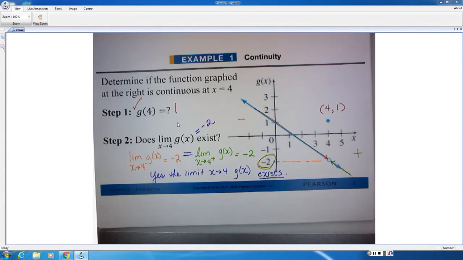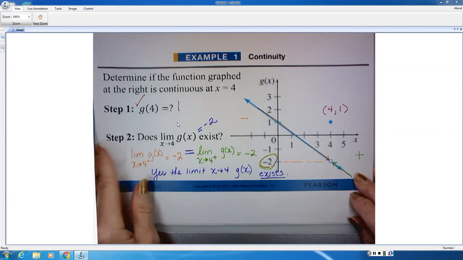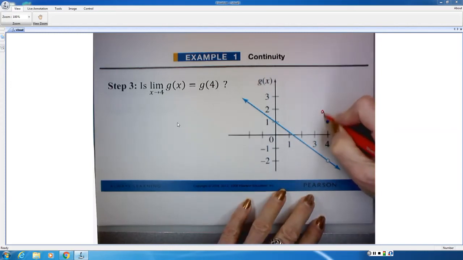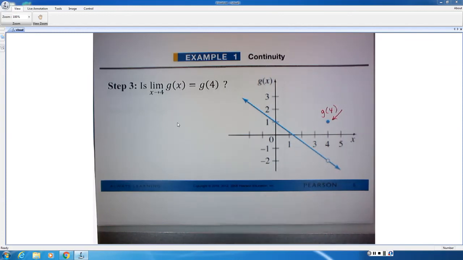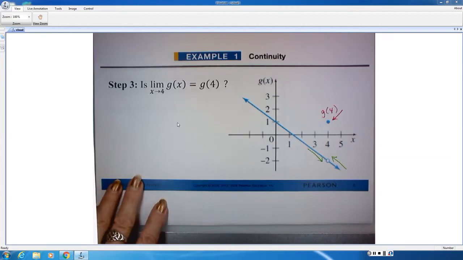We good so far? Sure. Okay? Now we've got to continue looking at it because we have one more step. Remember, we've determined so far that g of 4 exists. There it is. We have also determined that the left-hand limit and the right-hand limit exist.